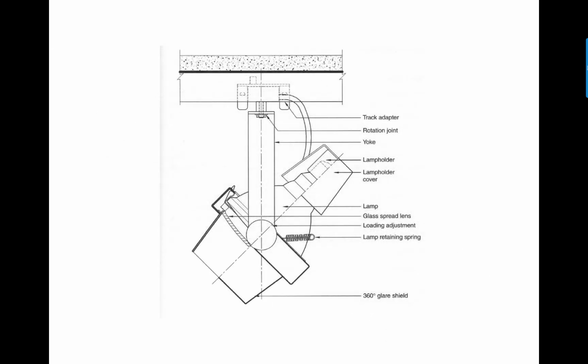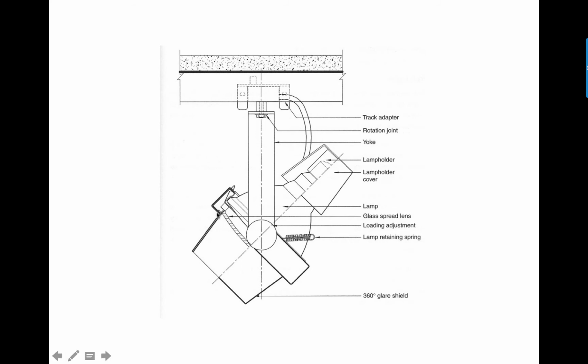And then one that's very common on track fixtures is what's called a gimbal ring fixture. Part of the reason these are so popular is it's basically an extremely minimal fixture. It's sort of holding a PAR 38 in this case, a very easily adjusted focal light source. And you can buy PAR 38s in different focal lengths. We talked about this when we talked about lamps.